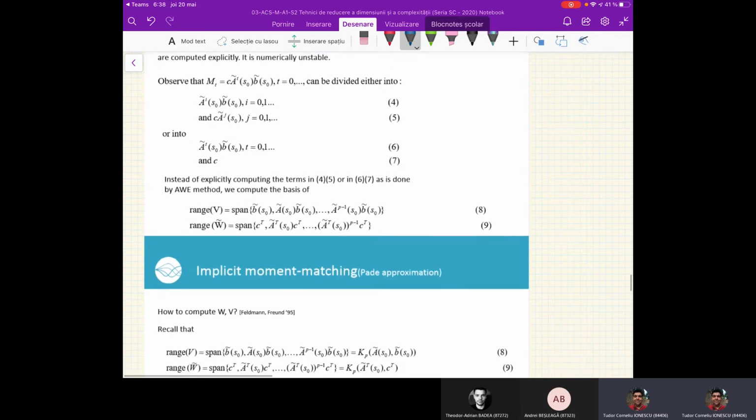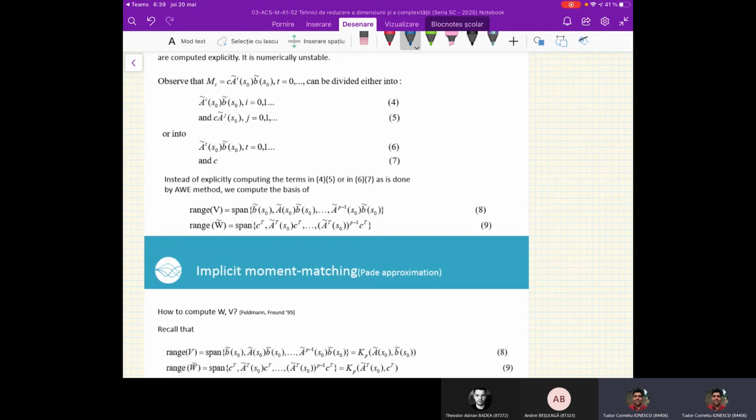And here it shows you how you build it. Of course, if you want to build a reduced order model of dimension k that achieves matching of k moments at zero, you use the Arnoldi based procedure.